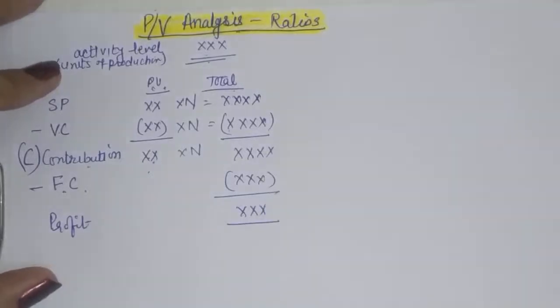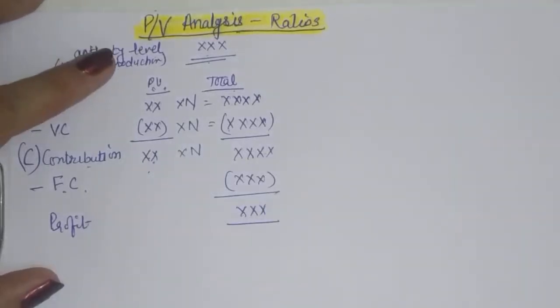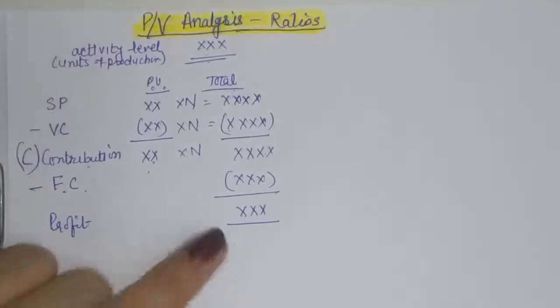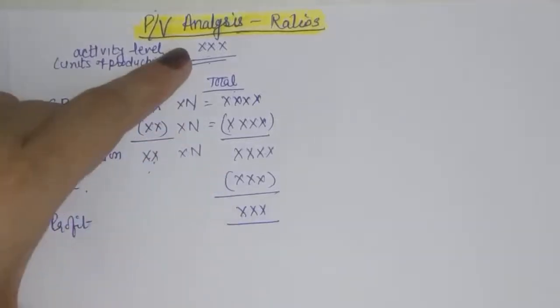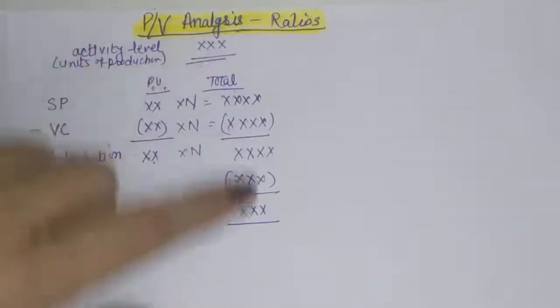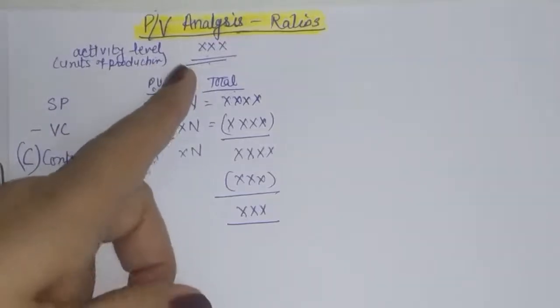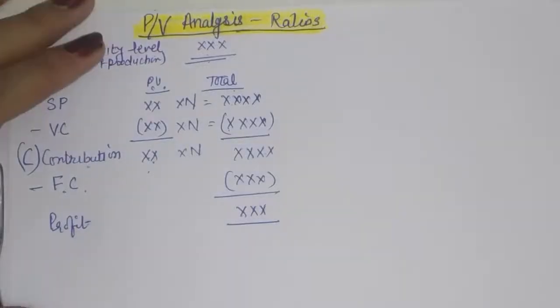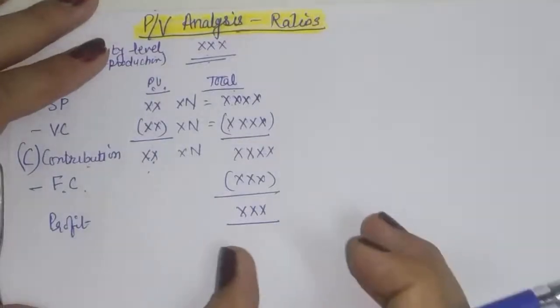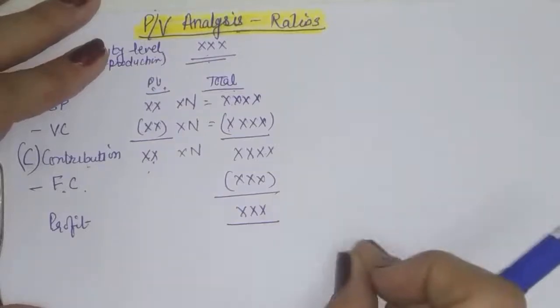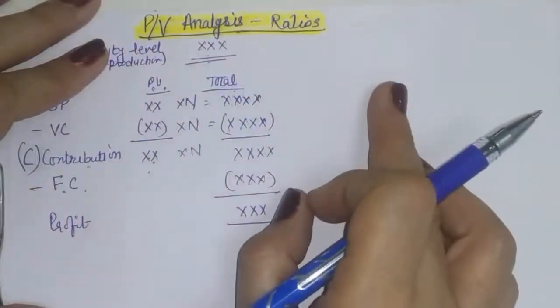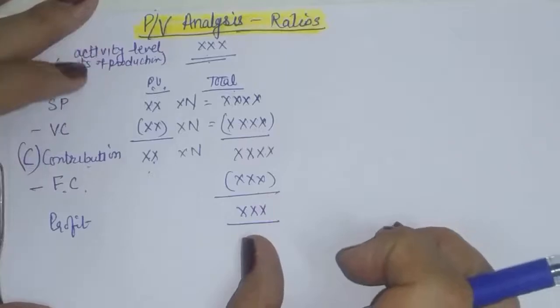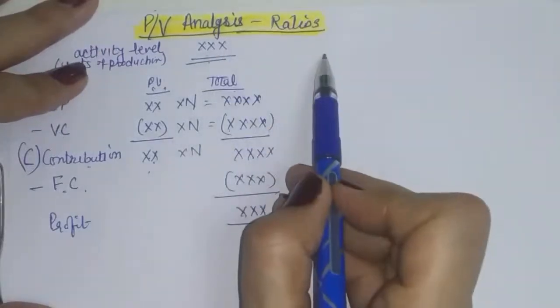Now we have also observed in the previous preliminary class, that our profit doesn't move directly with the activity level. You cannot relate them directly. That if I increase the production by 50%, my profit is going to increase by 50%. No. But the change in the profit from one activity level to another will be proportionate to the change in the activity level.